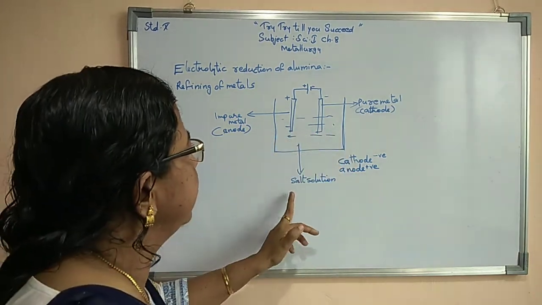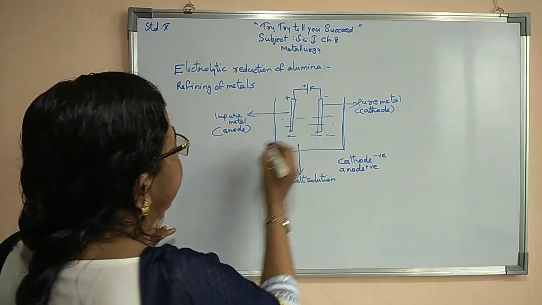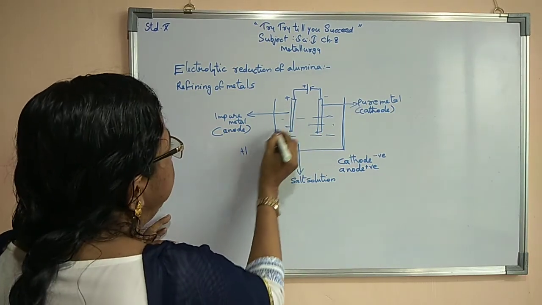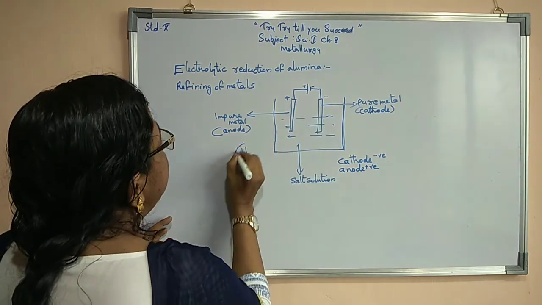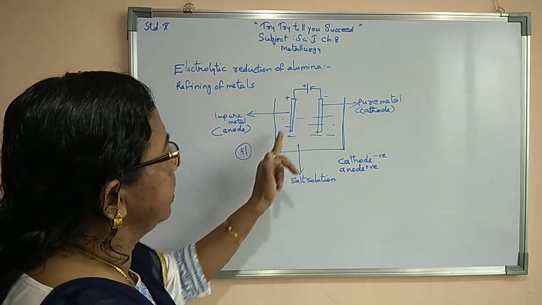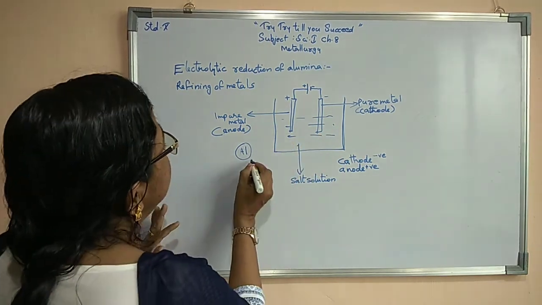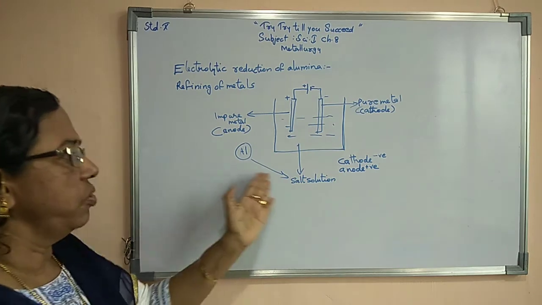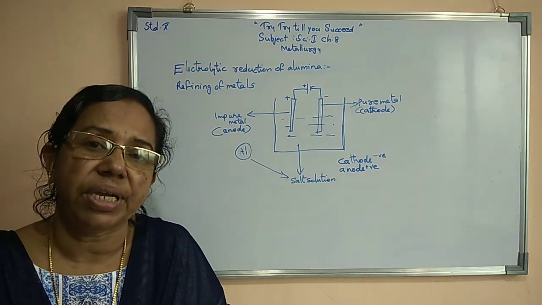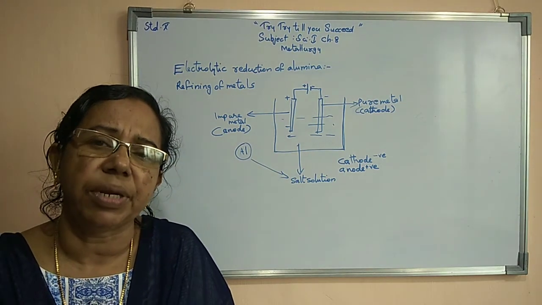Now suppose we are taking aluminium: here impure aluminium, here pure aluminium. This electrolytic solution will be a salt solution of aluminium. Aluminium chloride we can take, aluminium oxide we can take, aluminium carbonate we can take, like that.